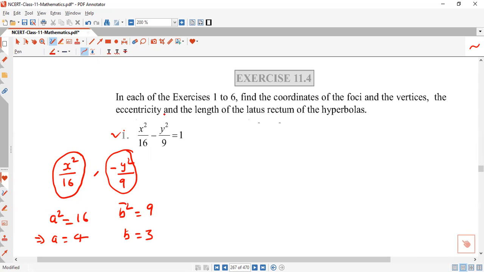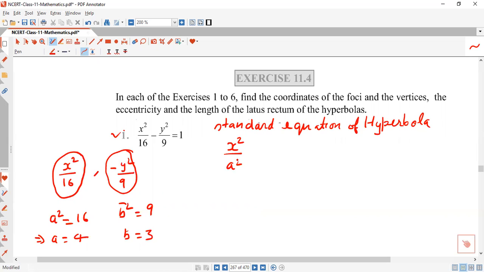So the standard equation of hyperbola will be x square upon a square minus y square upon b square equals 1. For this question we have found a equal to 4 and b equal to 3.